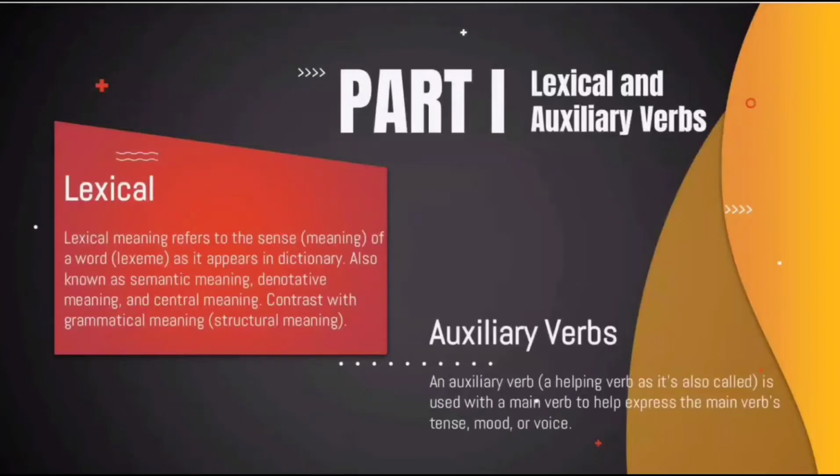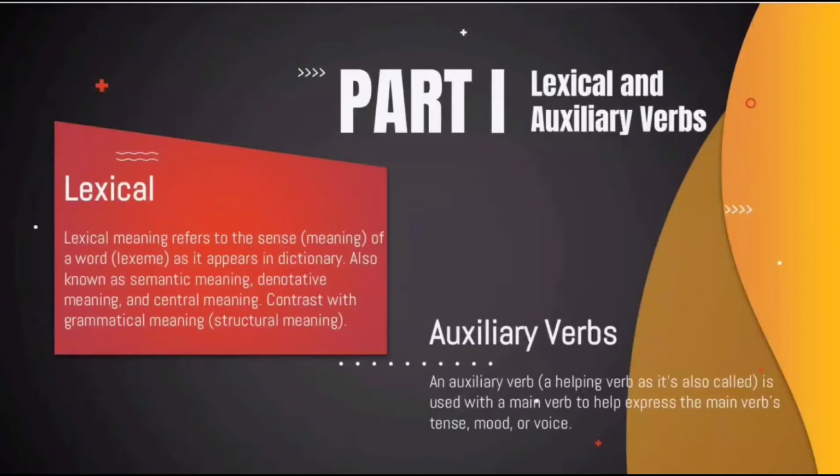Okay everyone, Amanda will explain the first material about lexical and auxiliary verbs. Lexical meaning refers to the sense meaning of a word, or lexeme, as it appears in a dictionary, also known as semantic meaning, denotative meaning, and central meaning.